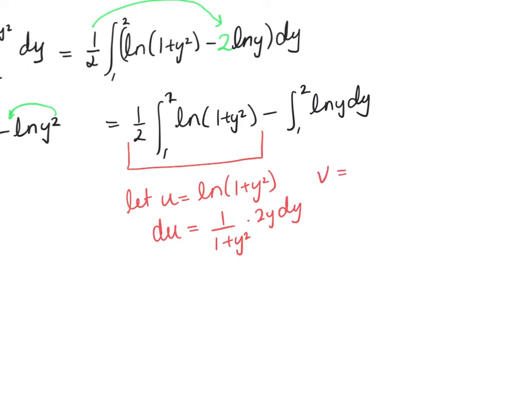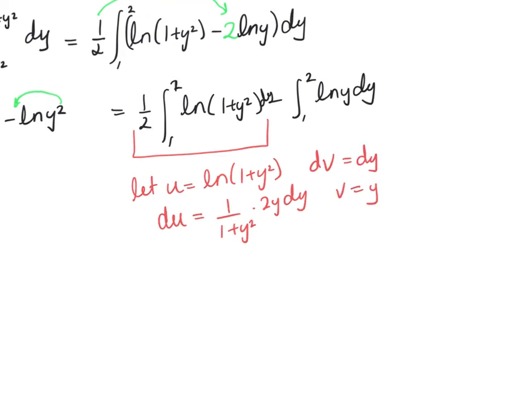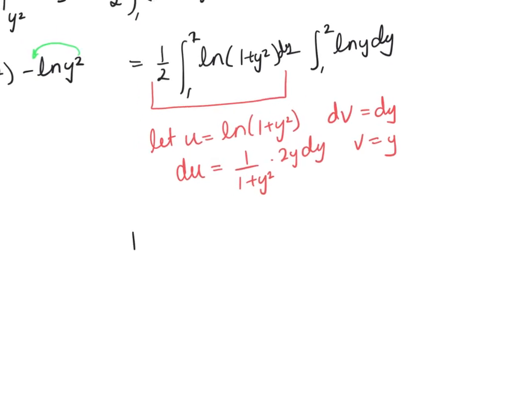And then dv is equal to dy, don't forget my dy right there. That means v is equal to y. So I have 1/2, and I have y times the natural log of 1 plus y squared, evaluated from 1 to 2.